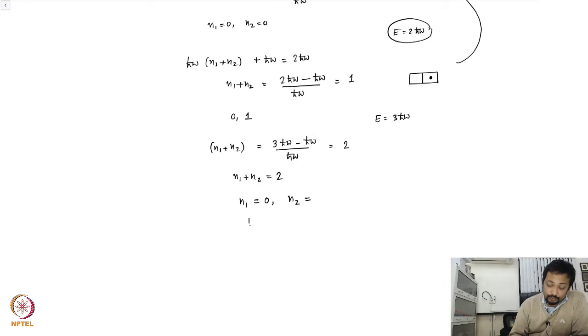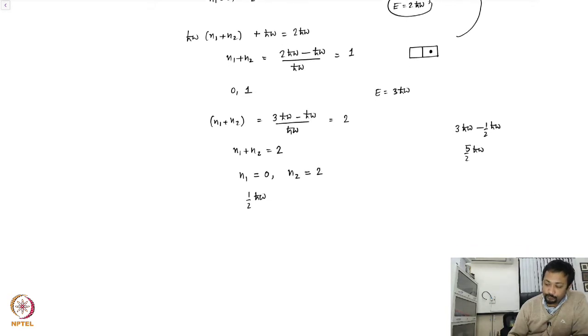n1 equal to 0 gives me half h bar omega, and I have to take it to 3h bar omega minus half h bar omega, so that is going to be 5 by 2 h bar omega. So I have to place n2 in a level where the energy is going to be 5 by 2 h bar omega, and that happens when n2 is equal to 2.